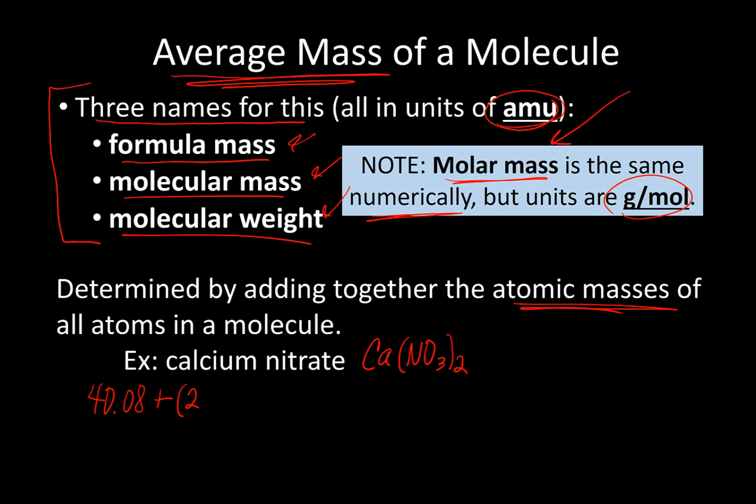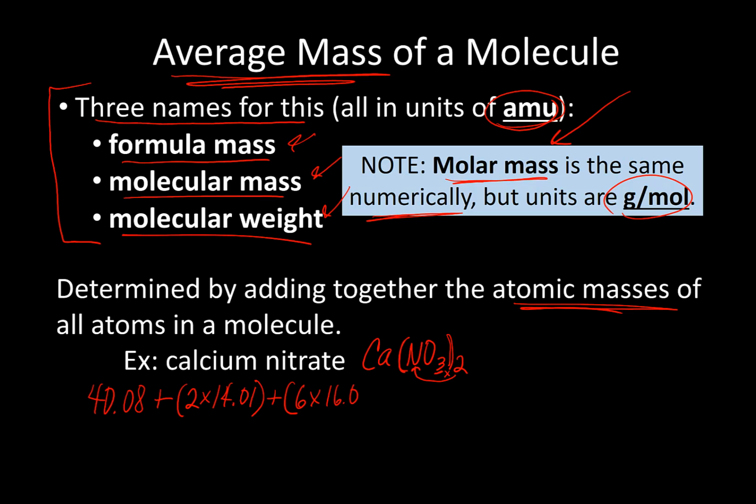So the nitrate ion is in parentheses here. There are actually 2 nitrogens, so 2 times the atomic mass of a nitrogen atom, which you find from the periodic table, plus the number of oxygens. So there are 2 of these nitrate ions. In each nitrate ion you have 3 oxygens, so you have to do 3 times 2, which gives you 6 total oxygen atoms involved here.